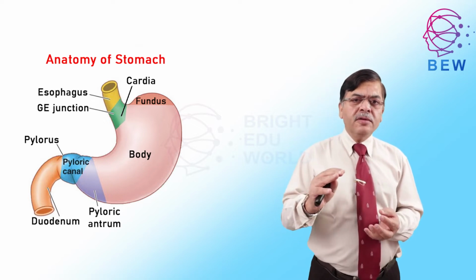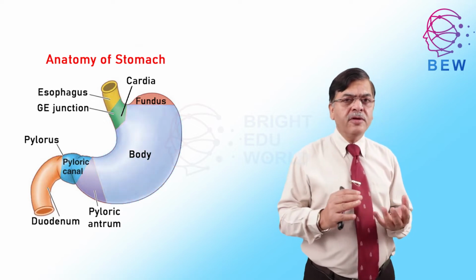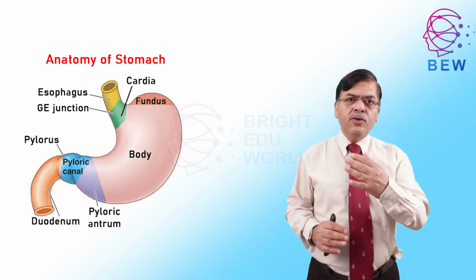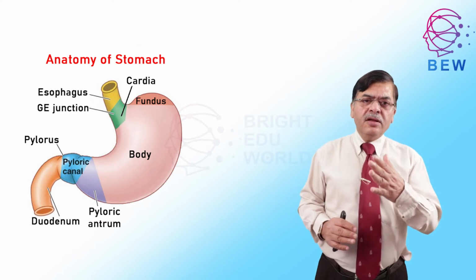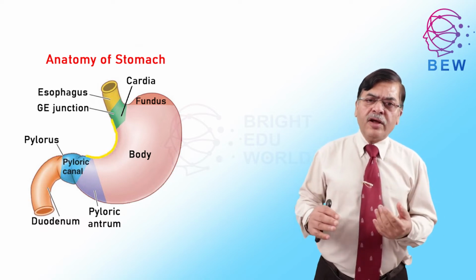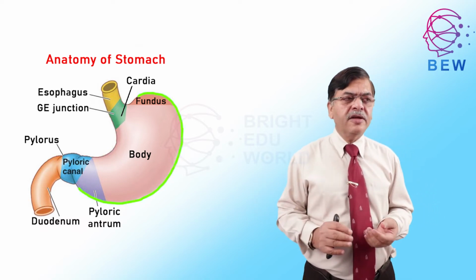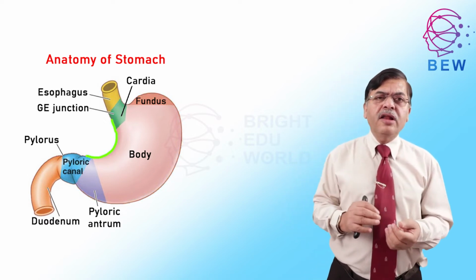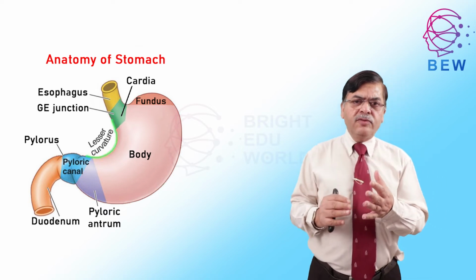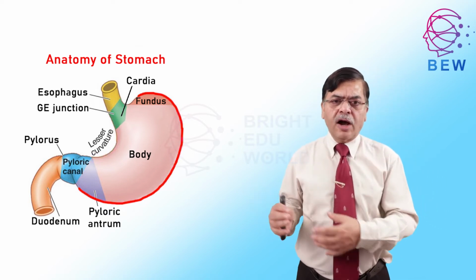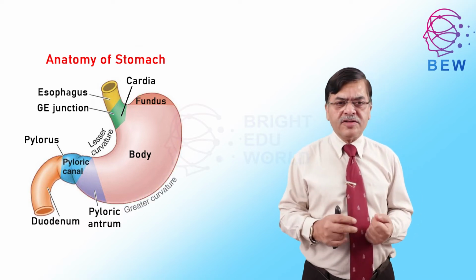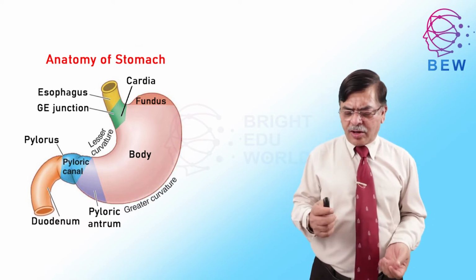Rest of the part between the fundus and antrum is called body. You can see that stomach has got two curvatures, one on the medial side and one onto the outer side. The curvature which is small and running medially is called lesser curvature, and the one which is longer and runs onto the lateral side of the stomach is called greater curvature. So this is the basic anatomy.